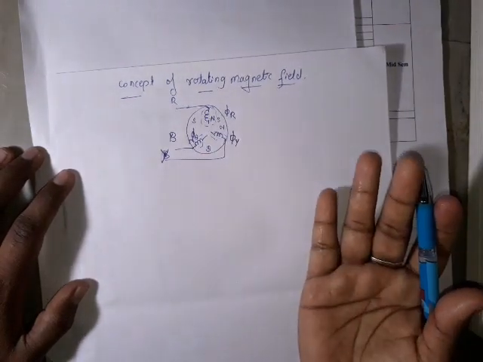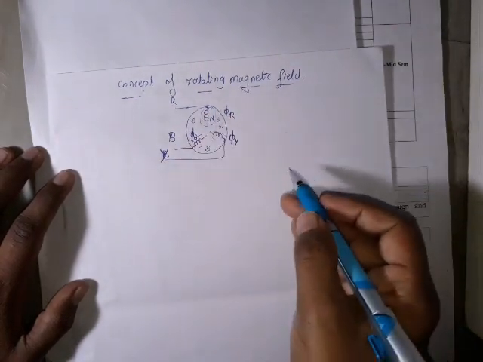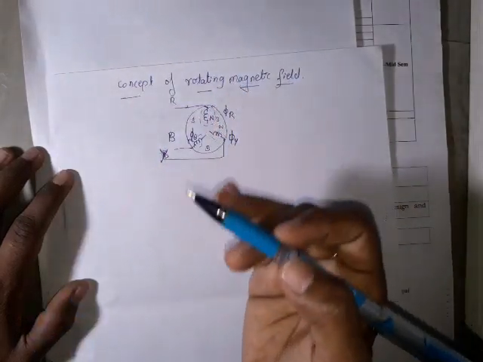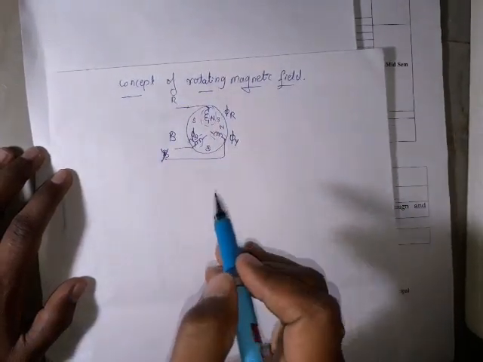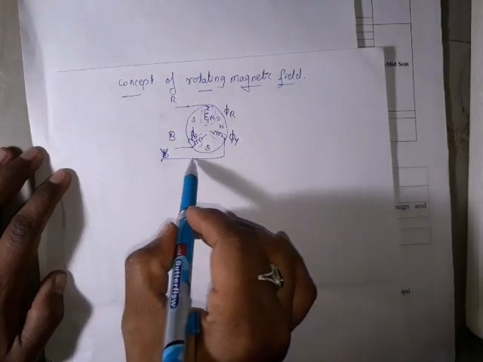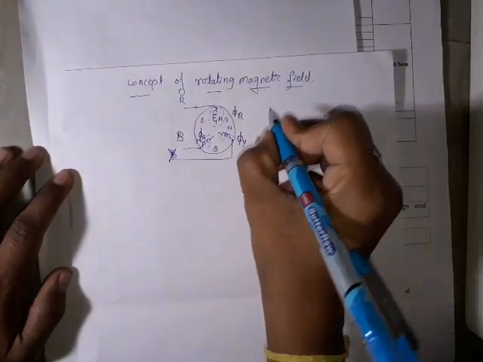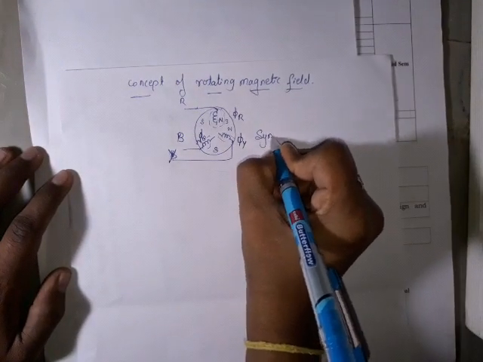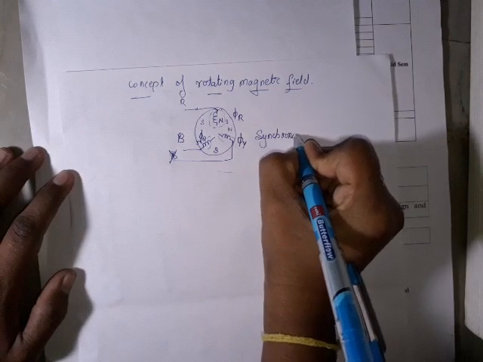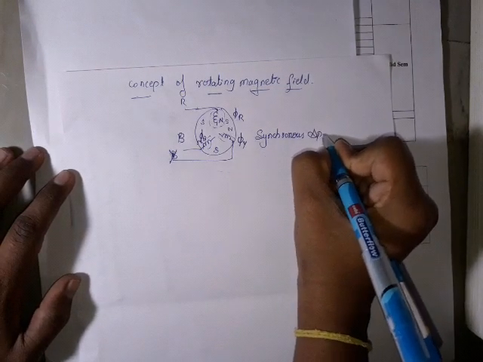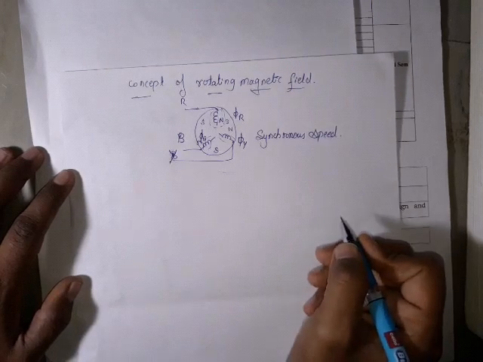After the first half cycle, in the second half cycle, the flux again changes its position. This happens many times in 1 second, so the magnetic field appears to be rotating with a speed called synchronous speed.